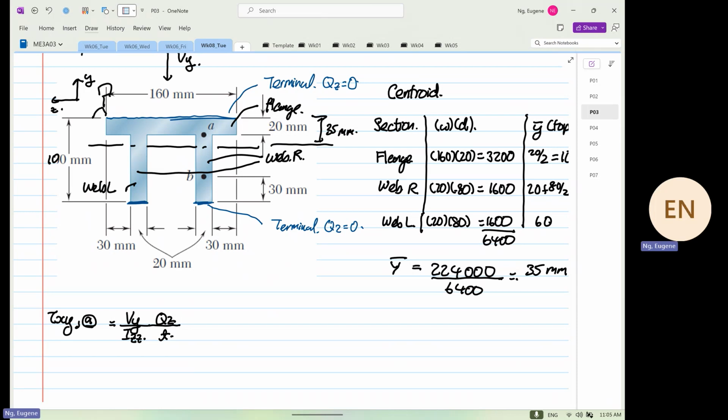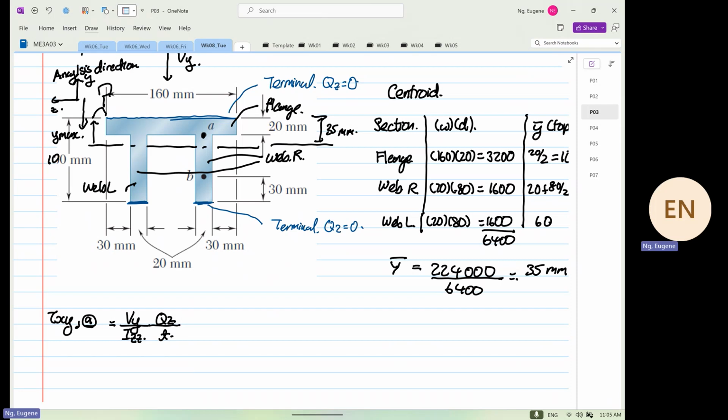So how to find your first moment of area? The first moment of area is from the what? From the center, from the Y max, right? So this over here, because A is on top, this is your analysis direction. Over there, that is your analysis direction, because over here to here, this is your what? Y max. We apply the rule, okay?